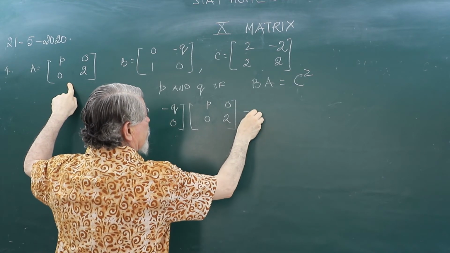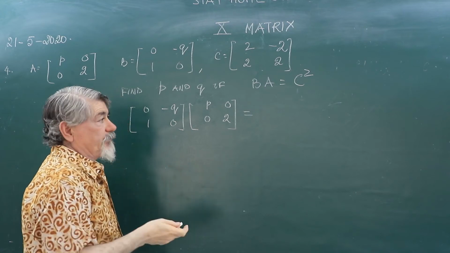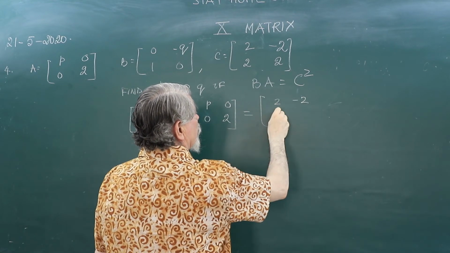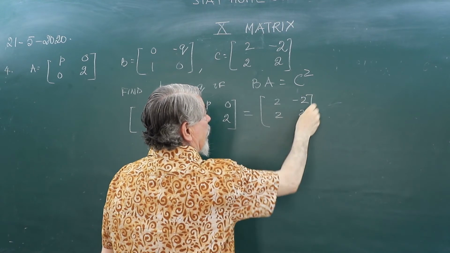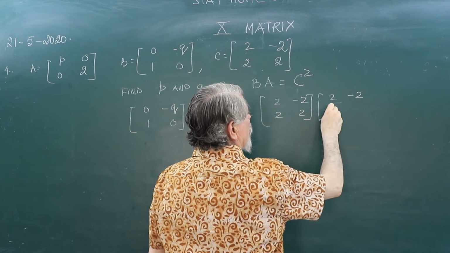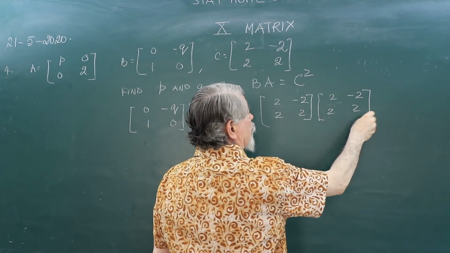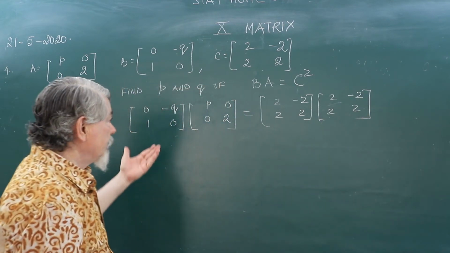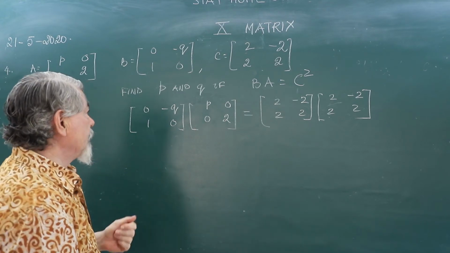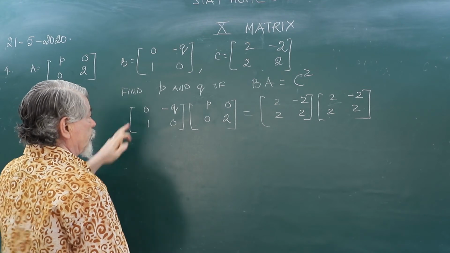BA is equal to C square. Square of C means 2 minus 2, 2, 2, and 2 minus 2, 2, 2. C square. Let's multiply them, equate them, and calculate the value of P and Q.